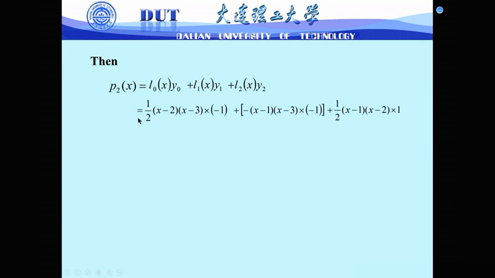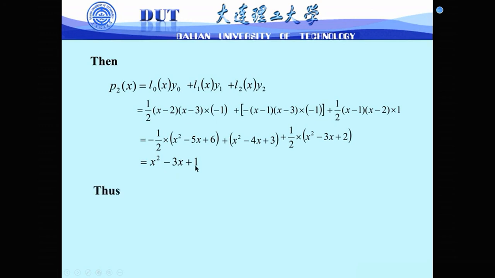Now you can compute the summation. At last, I just show you the result. Please practice. I show you the details here, but I don't have enough time to explain in detail. So I just show you the final result. The final result is x squared minus 3x plus 1. It's okay?